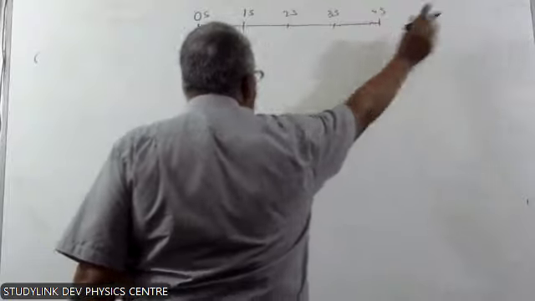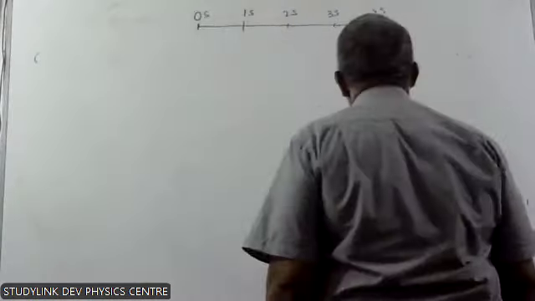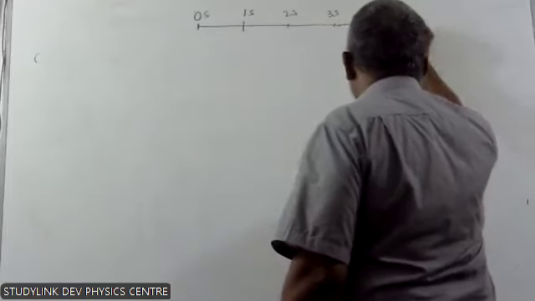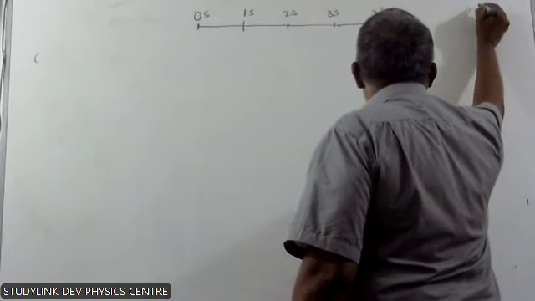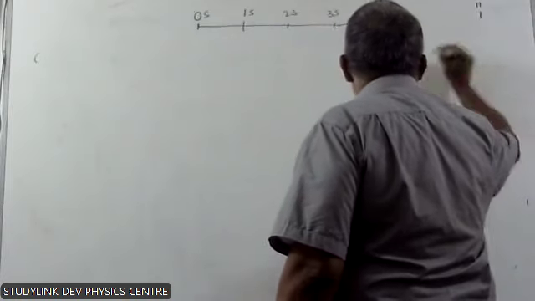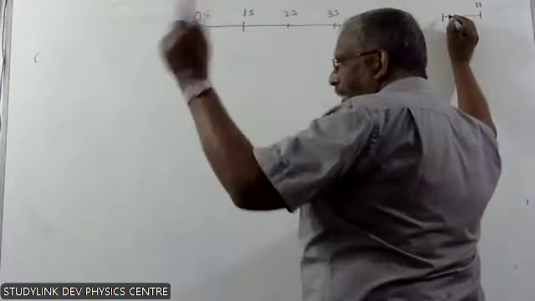Like that, it increases. After a certain time, the last one is n seconds. Then one before n, you have to deduct 1.